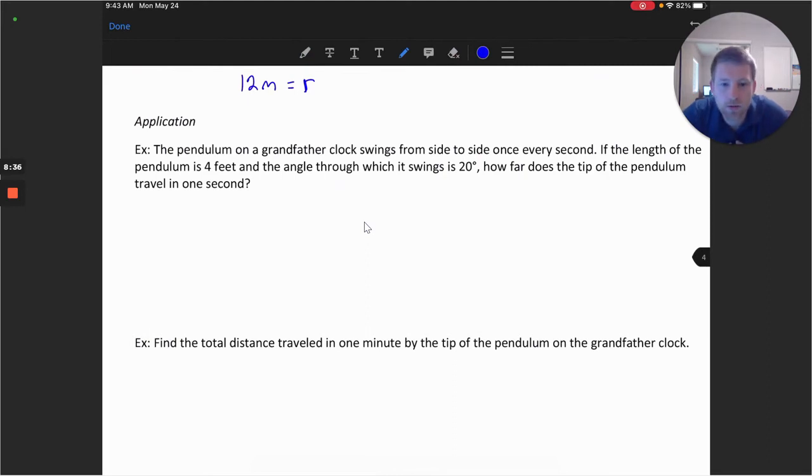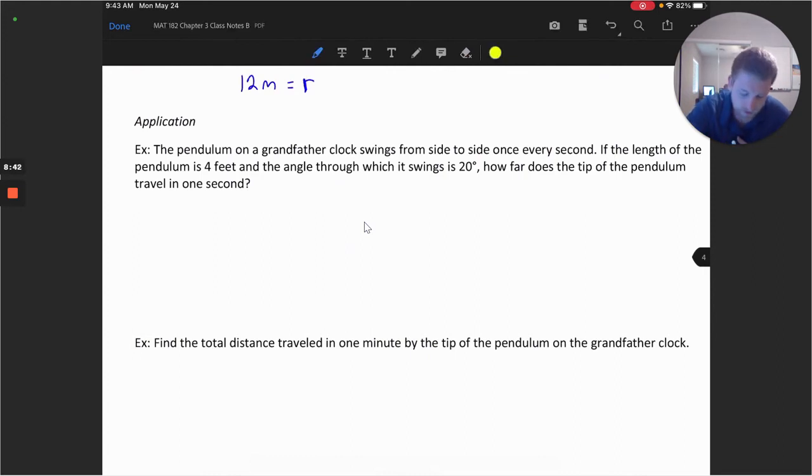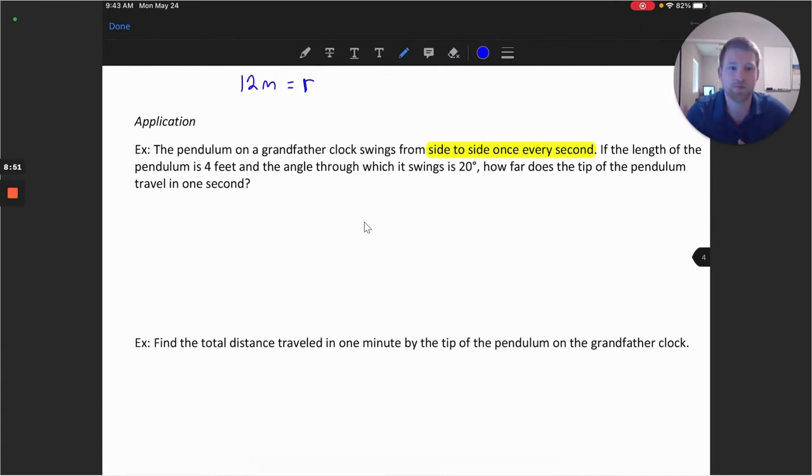All right. So if we consider traveling from side to side in 1 second, let's just draw a picture of maybe a pendulum. And this might go back, if you're not familiar with a grandfather clock and how it might look.